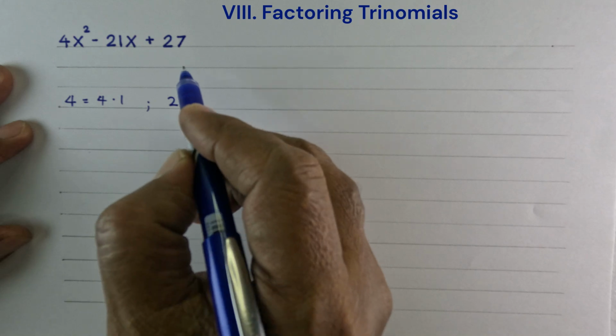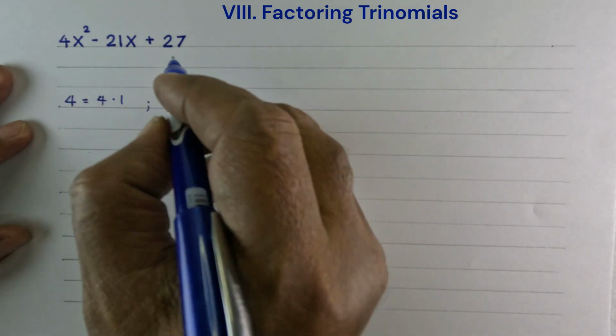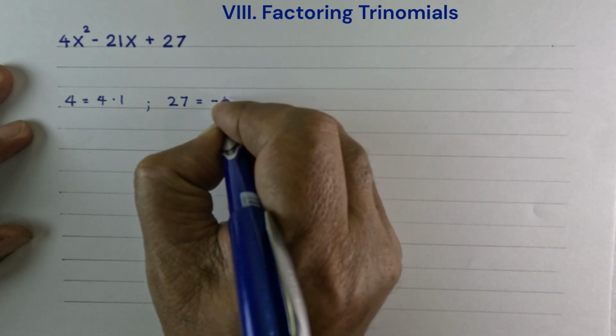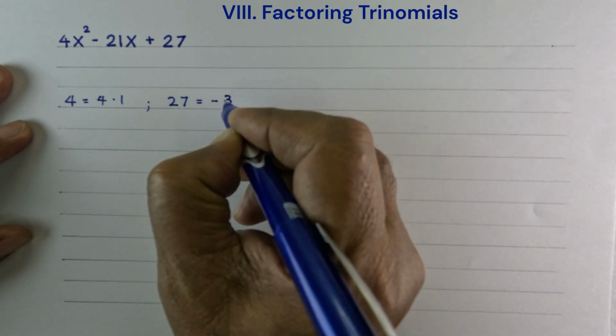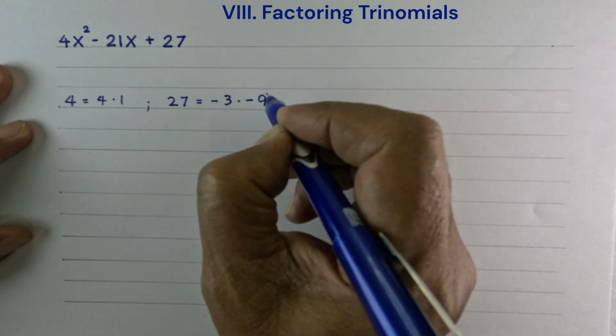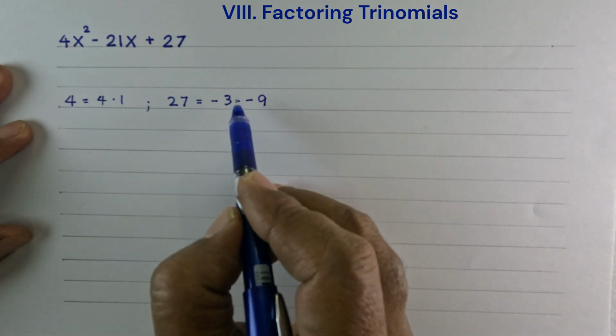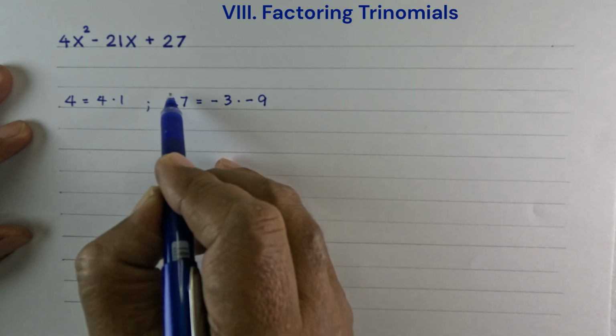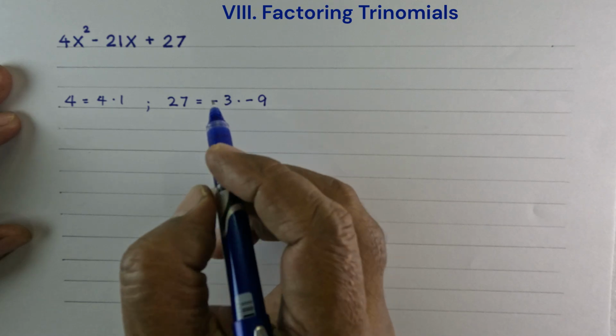Therefore, both must be negative. That must be negative 3 times negative 9, because this is negative. So, negative 3 times negative 9 is positive 27.